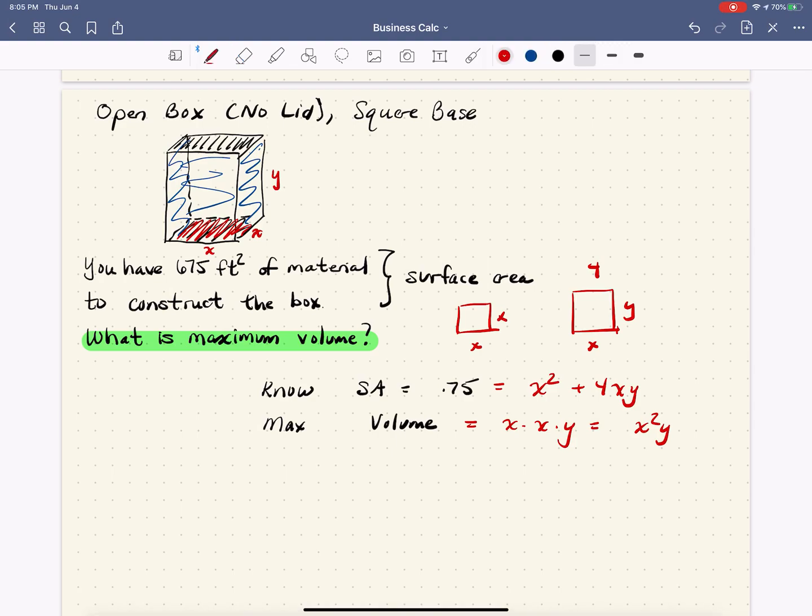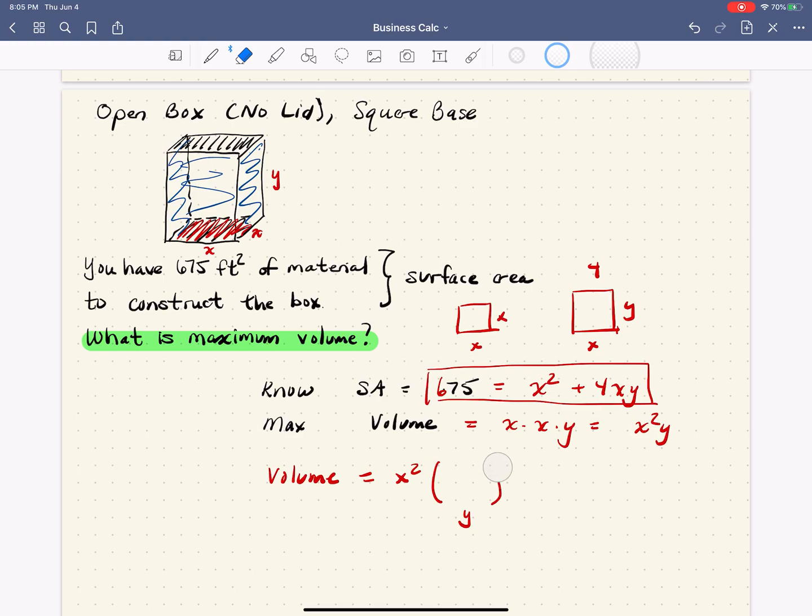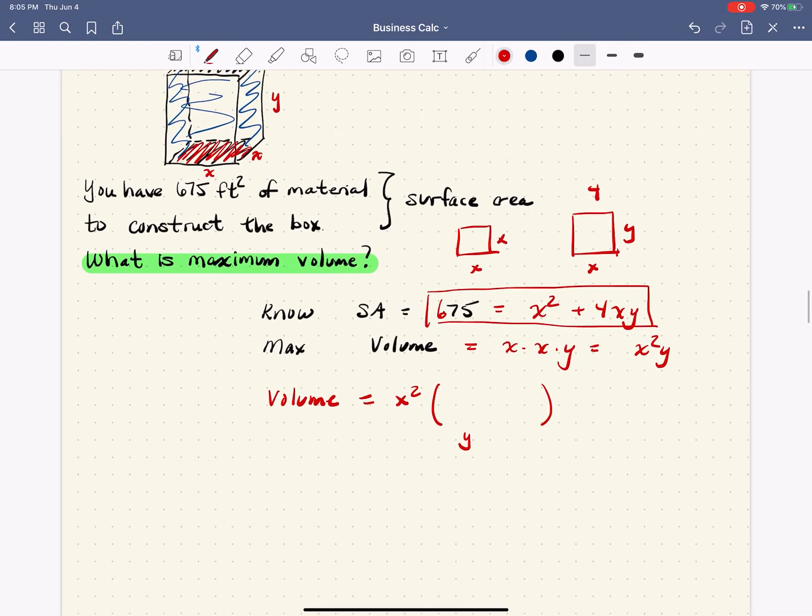So this is already proving to be a very interesting problem because here's the function we want to maximize. And I'm going to assume that we want to replace y. So we're going to replace y by whatever it is in terms of x. And that we're going to get from the constraint equation, or in this case, the surface area.